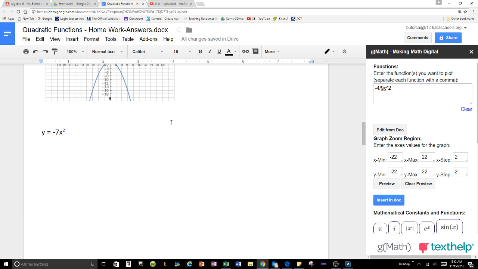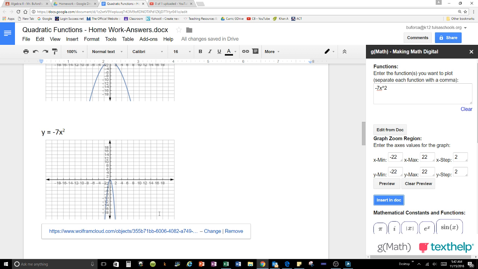So y equals minus 7x squared. Let's hit the enter key. Let's go up here. Let's get to 7 there. Hit insert. This should really be a skinny one. Skinny one, head pointing downward. And we see that is a skinny one pointing downward.